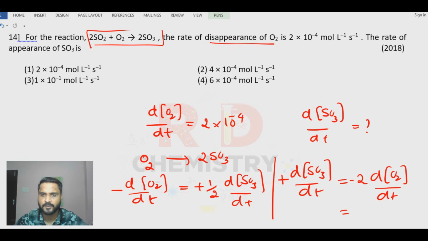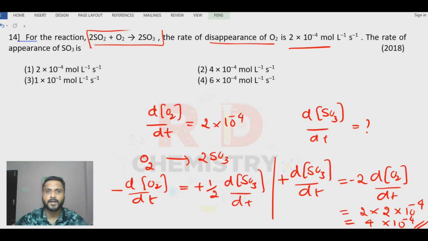Okay, so 2 times the rate of disappearance of O2, which is given in the question as 2 into 10 to the power minus 4, is equal to 4 into 10 to the power minus 4 with the respective units. So therefore the answer is option number 2, right?